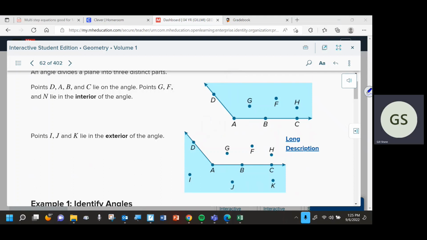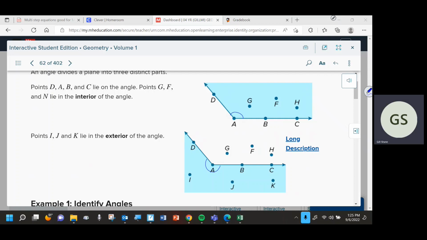I'm going to go over how to do that. But if I took my protractor and measured this angle here and that angle there, what would those two add up to be every time? The interior angle plus the exterior will always be the same: 360. They form a circle.